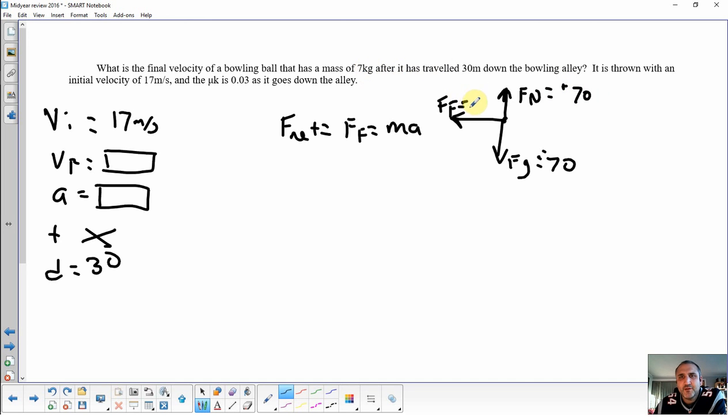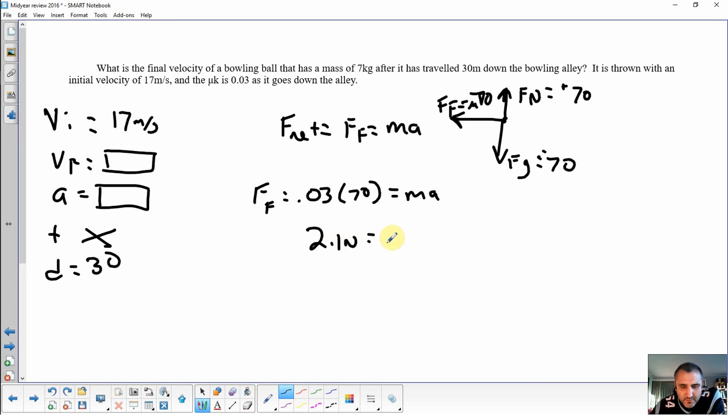Force of friction equals mu times 70, and mu is 0.03. So FF equals 0.03 times 70, which equals 2.1 newtons, which equals ma. We know the mass, and that is 7.